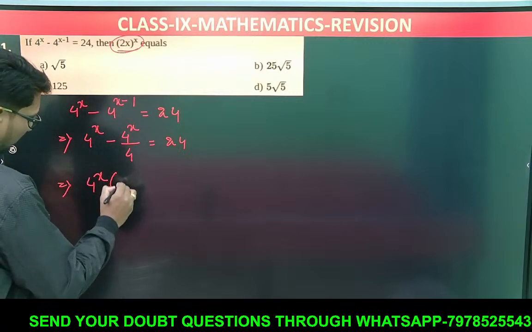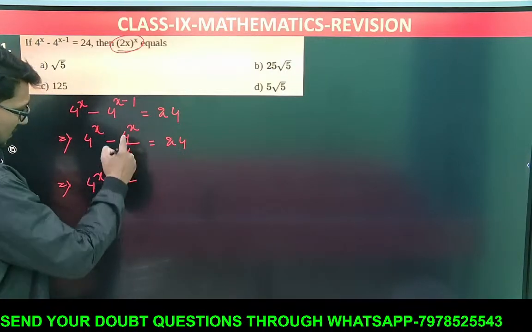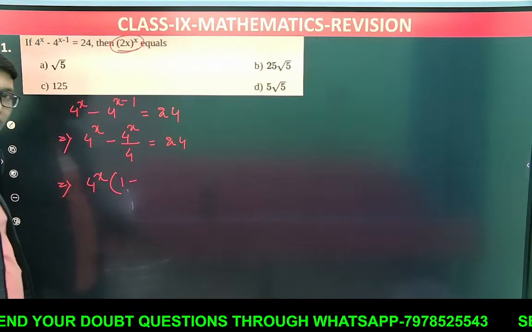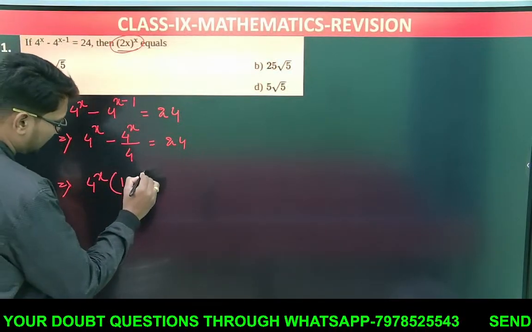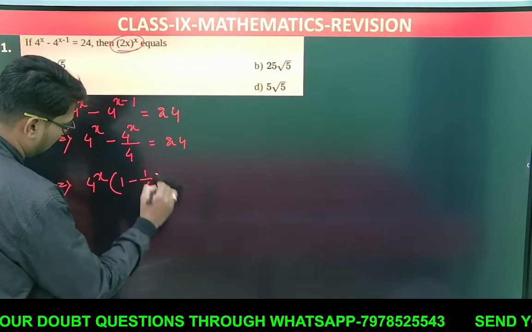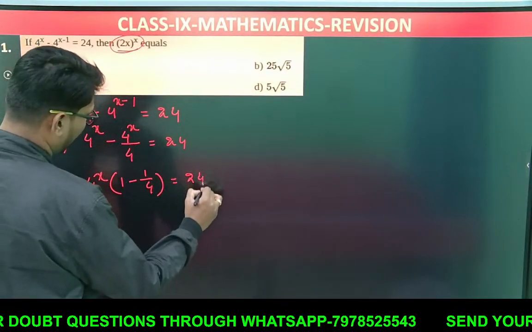What is left from the first term? That is 1, minus, from the second term, we have taken 4 to the power x common. What is left here? That is 1 by 4, is equal to 24.